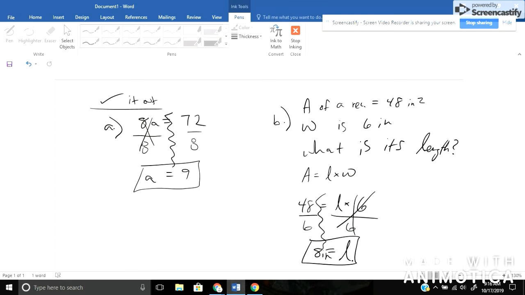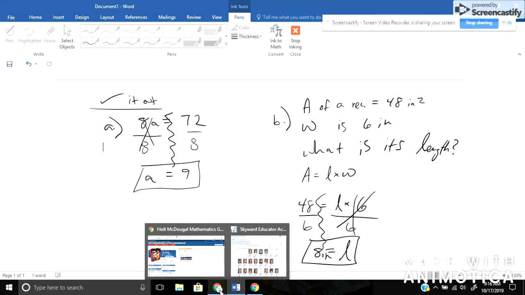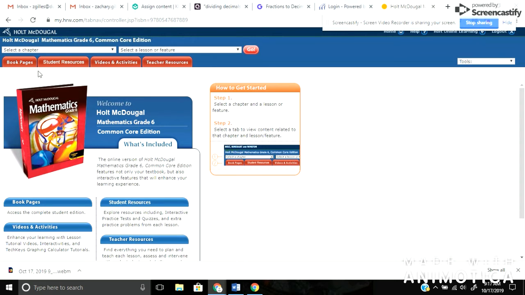Now, last thing I'd like for you to do today is to go to your online textbook and look at the video tutorials that the book does and write those ones down and include those in your notes. So let me just show you here quickly. Remember that if you go to your online textbook, it'll look something like this.